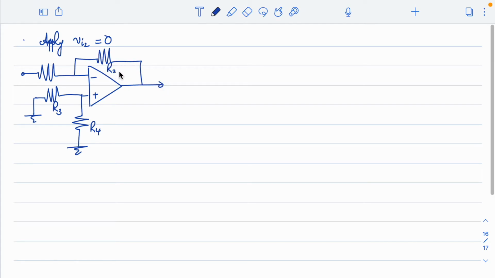Right, this is R2, this is R1, and this is Vi1, and this is Vout. Right, so here I can write Vout by Vi1 is equal to minus R2 by R1.